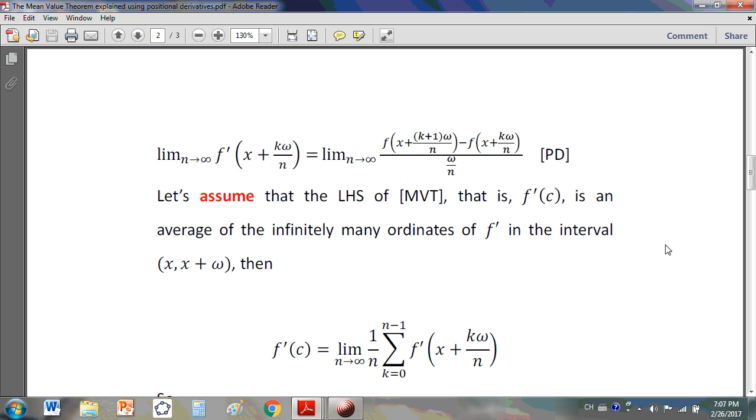So we assume that the left-hand side of the MVT is an arithmetic mean of all the ordinates of the derivative of f in that interval. Let's see that again.